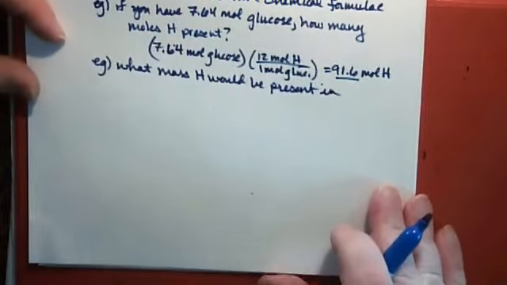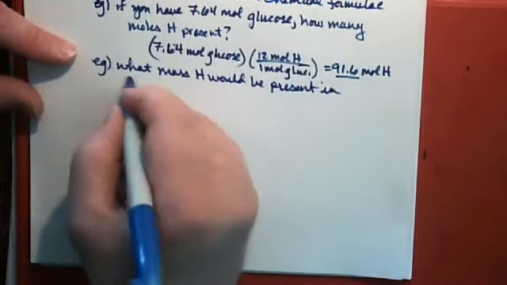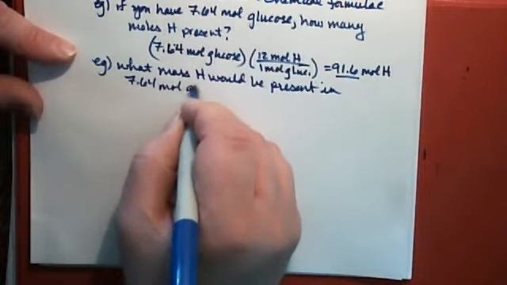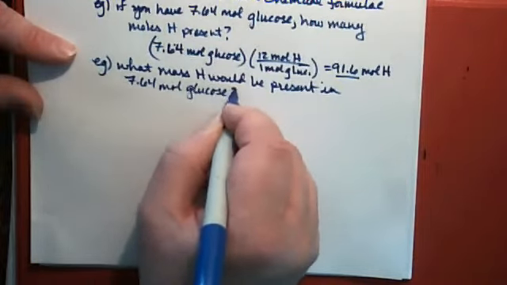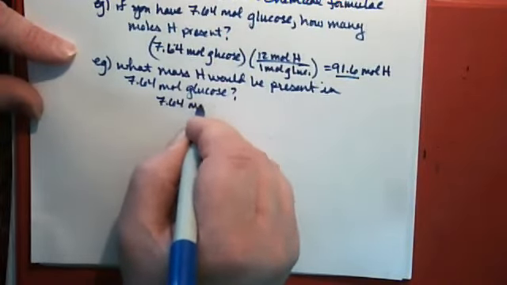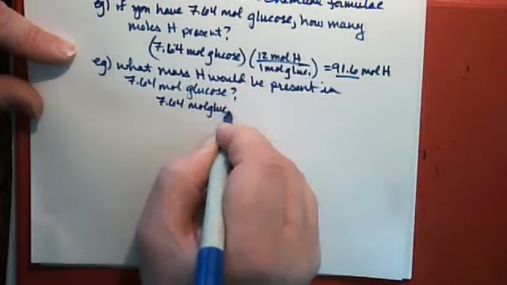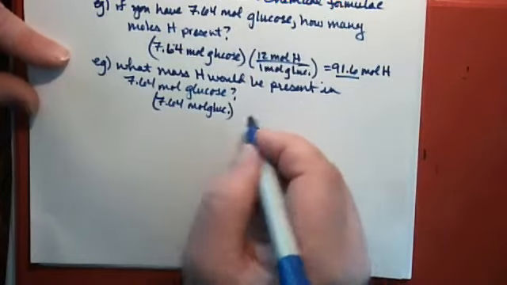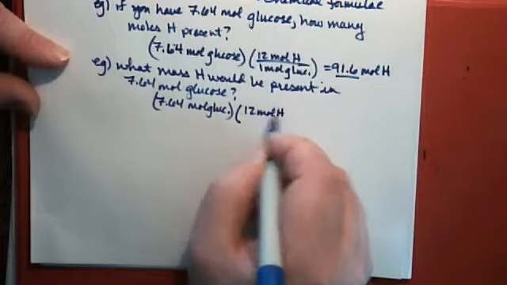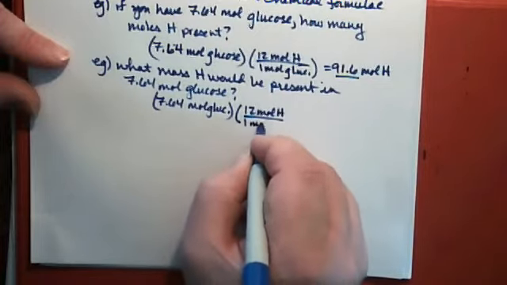So you might wonder, what mass of hydrogen would that be? Okay, 7.64 moles of glucose times the fact that there are 12 moles of hydrogen for every 1 mole of glucose.